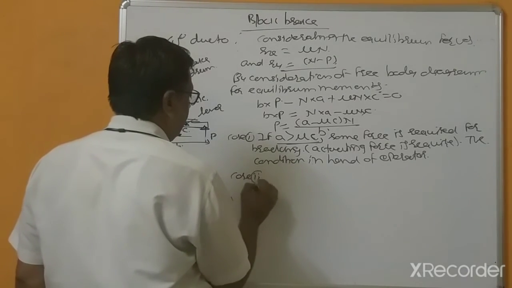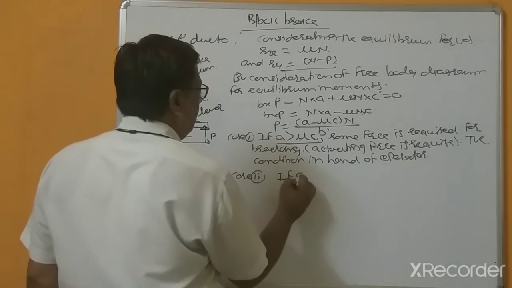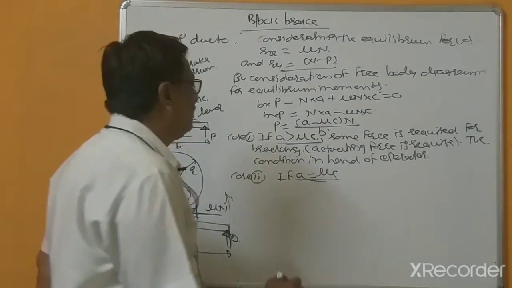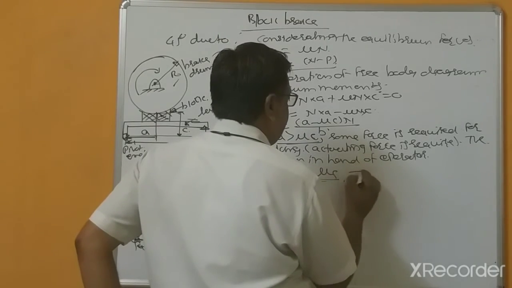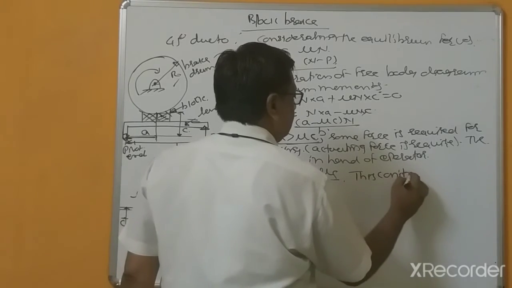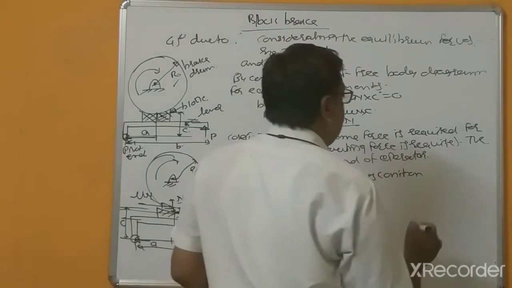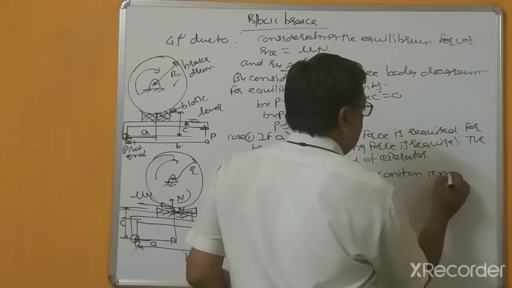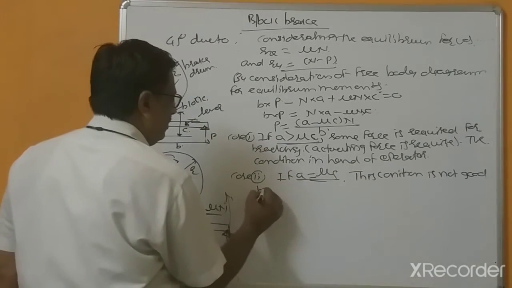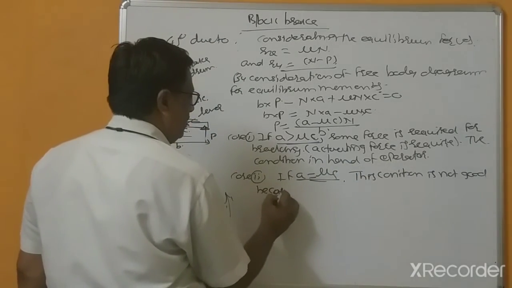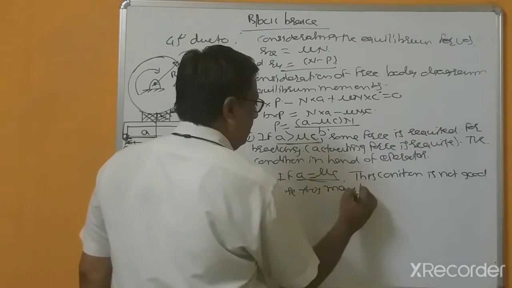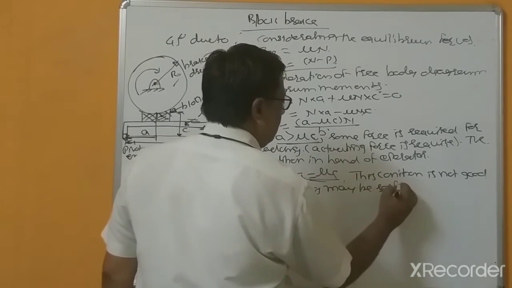Next, case second, if A is equal to mu C. This condition is not good, because this may be self-locking.